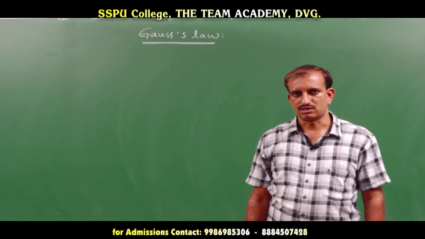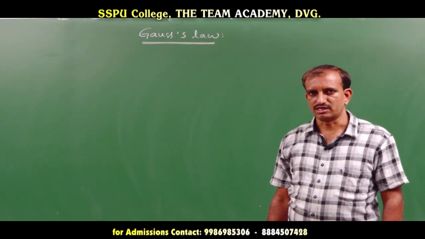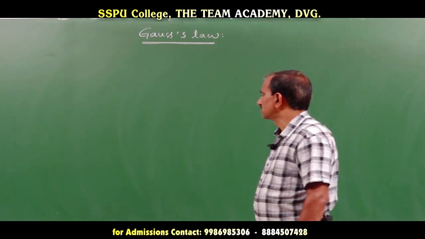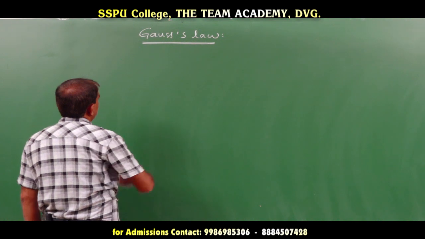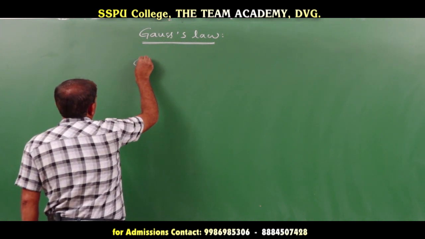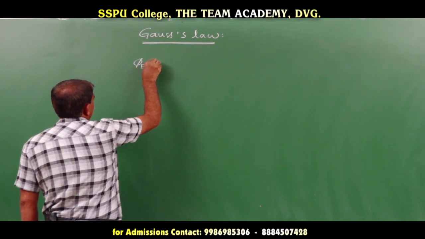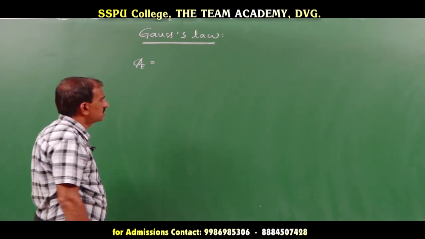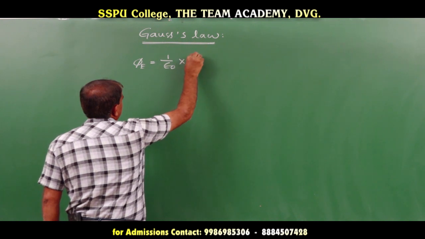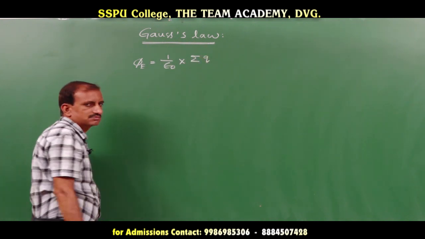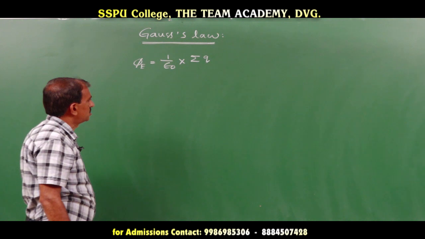Now let us study the Gauss law in electrostatics. Gauss law states that the total normal electric flux through a closed surface is equal to 1 over epsilon naught times the total charge enclosed by the surface. This is called the Gauss law.